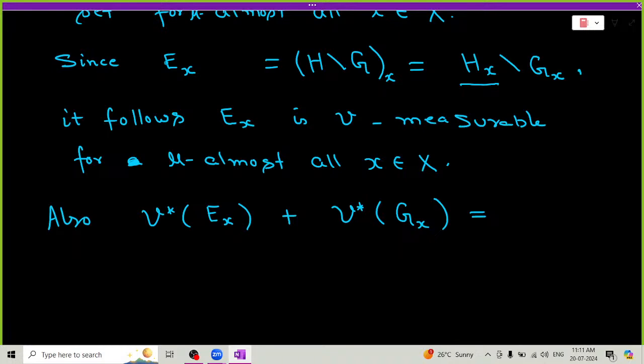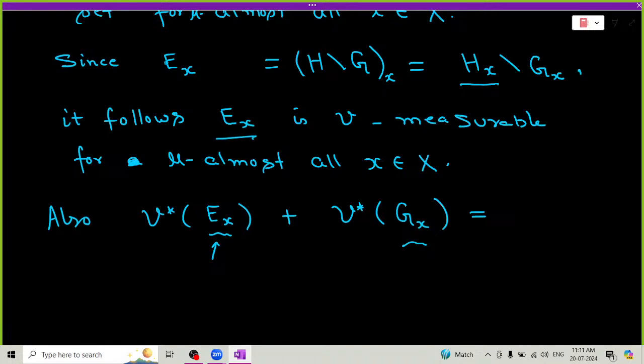First observe this: since E and G are disjoint, their x sections will be disjoint also. So these are disjoint sets, X section E and X section G. And they are measurable also. Measurability of G we established in case 4, and just now I established the measurability of E sub x here.